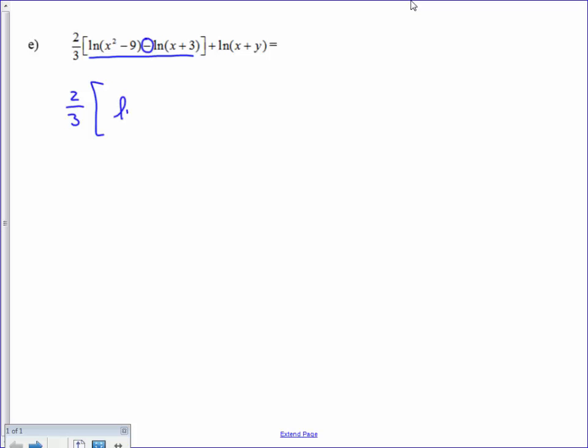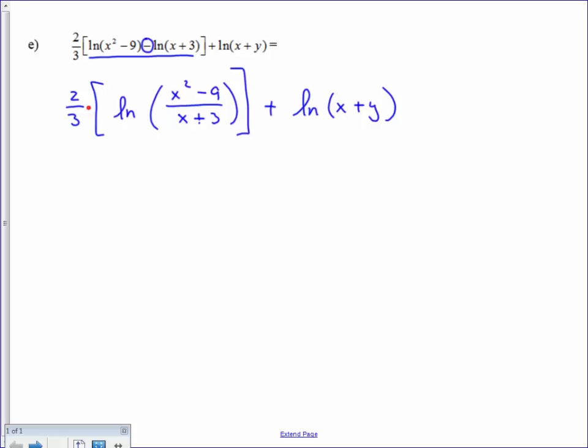I would rewrite these as one single log, the first argument in the top of the new argument, and then the second argument in the bottom. Keep everything else the way it is. Okay. From here, we notice that we have a constant multiplied in front of this first log.